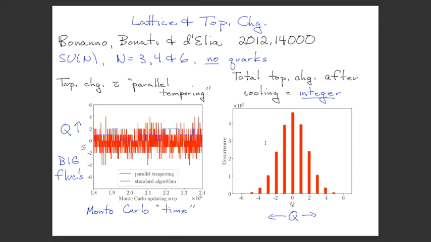The question is whether there's some sense in which those integer charge configurations can be viewed as having substructure, and that's what the kurtosis claim reveals. They don't claim it, but they're very serious people. They really work hard. There's parallel tempering.